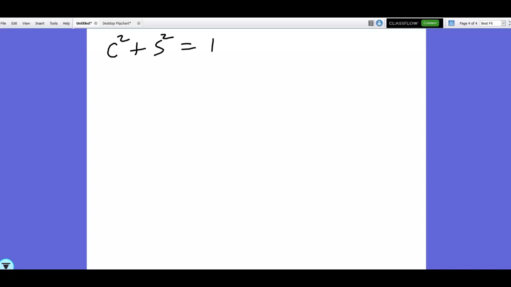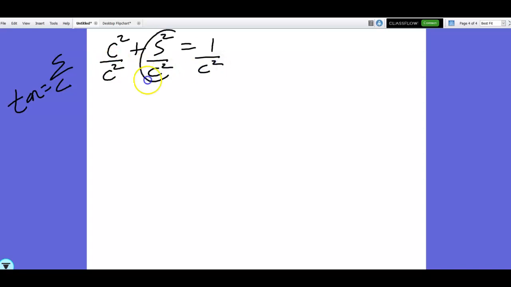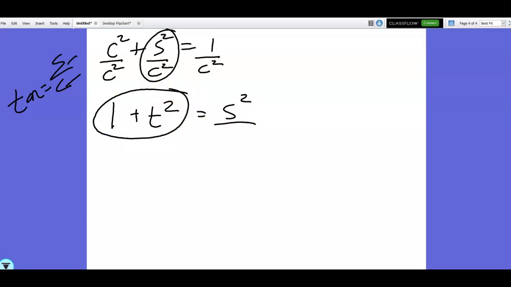But you guys know, hopefully, this at least, that tangent is equal to sine over cosine, right? So remember that one I showed you back on number 14? If I divide everything by cosine squared, I end up with sine over cosine, don't I? And it's being squared, so that's tangent squared, right? C over C is 1, and 1 over cosine is secant. So what that means is that 1 plus tangent squared is equal to secant squared.